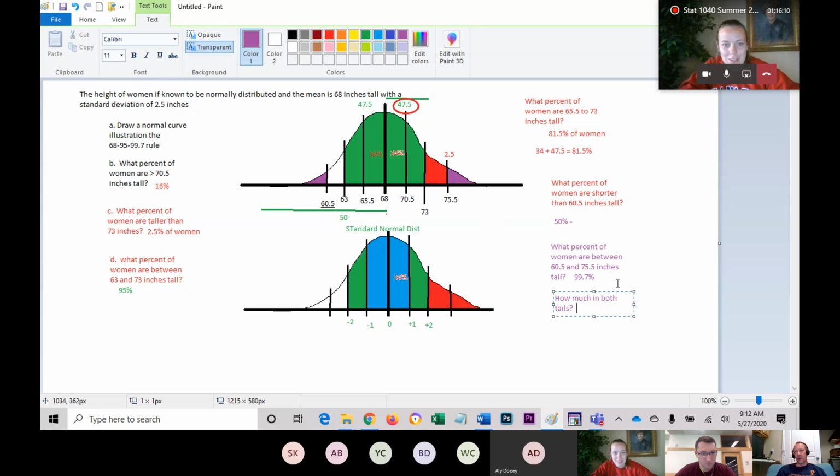Is it just the 2.5? You're going to 2 standard deviations, not 3. It's 100 minus 99.7%. Oh, I see. Which equals?